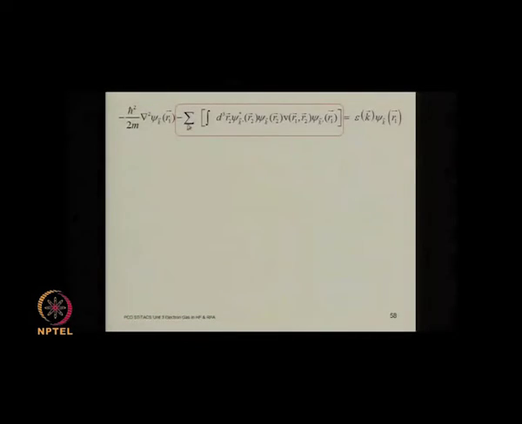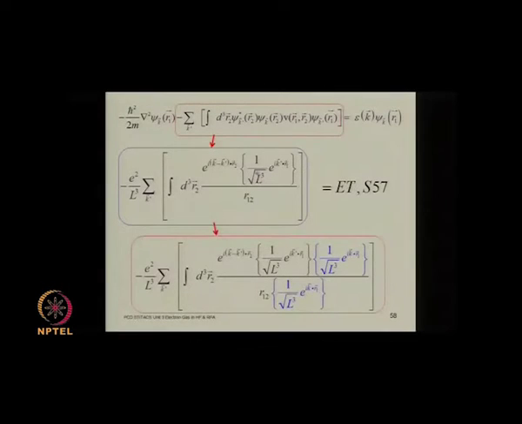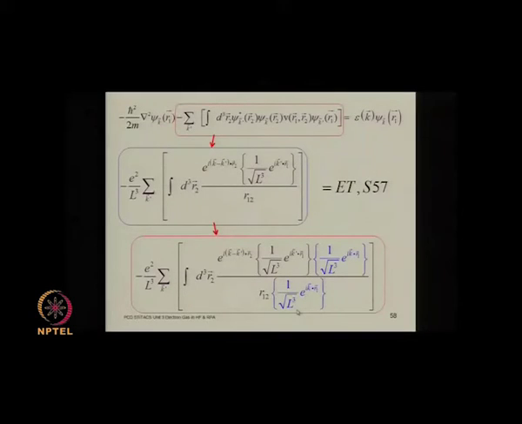So, here we have got this red loop inclusive of this minus sign, you have got this exchange term, and this exchange term, now all I have done to go from this blue box to the last term at the bottom is to multiply and divide it by this wave function, which is 1 over root L cube e to the i k dot r 1. So, that is also a spin orbital, as you can see, and all I have done is to multiply and divide by this. So, I am still all right.